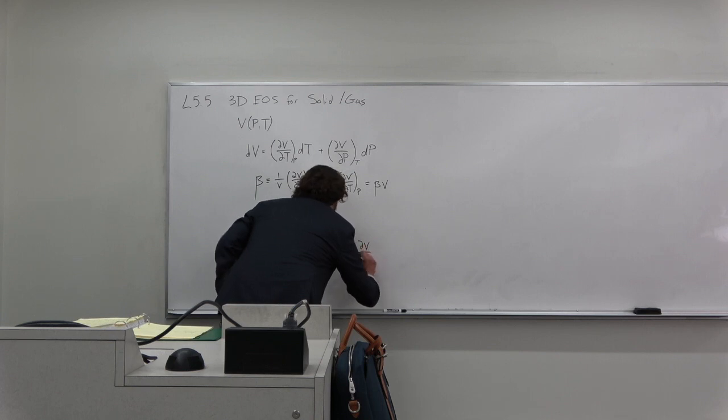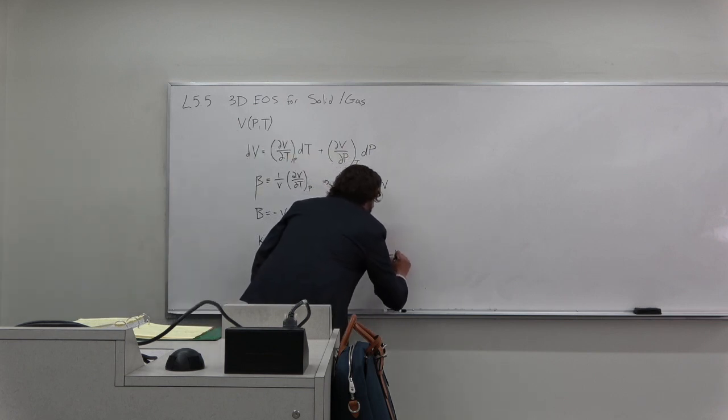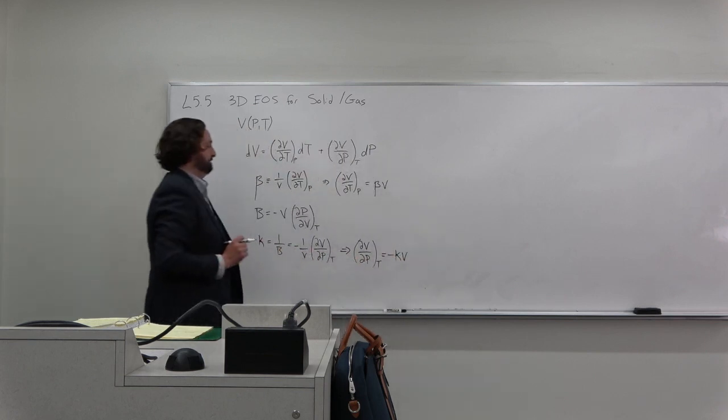Partial V, partial P, at constant T is equal to minus kappa V.